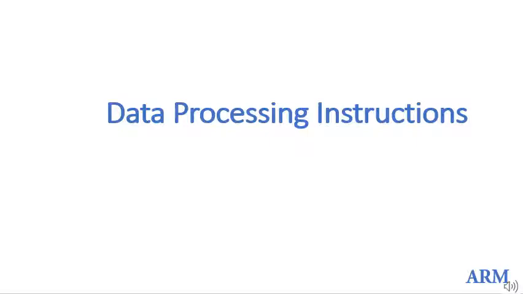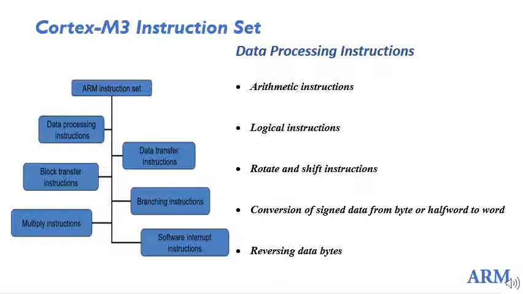Today we'll look into the next category of instructions, that is data processing instructions. In the previous video, we have already seen the data transfer instructions and the various types of data transfers that can occur. Here we'll deal with the data processing instructions. Under data processing instructions, there are various types.